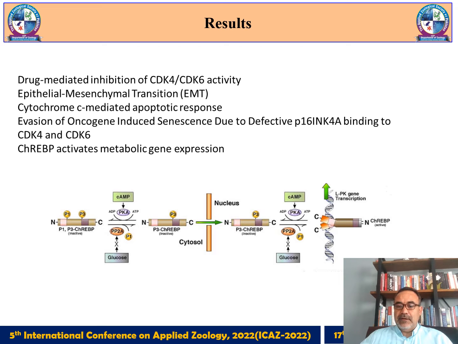And of course, there are two types of senescence. One drives the cells to cell death, and the other one is oncogene-induced senescence. This is useful for cancer cells, and it is also inhibited with our compounds.